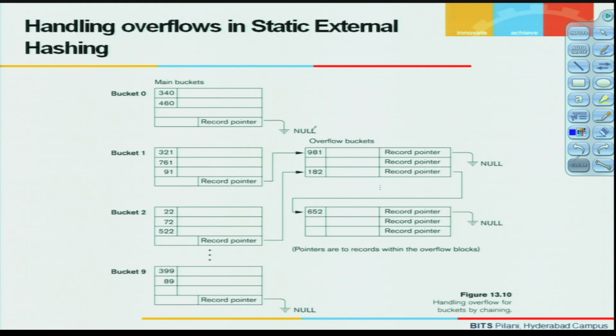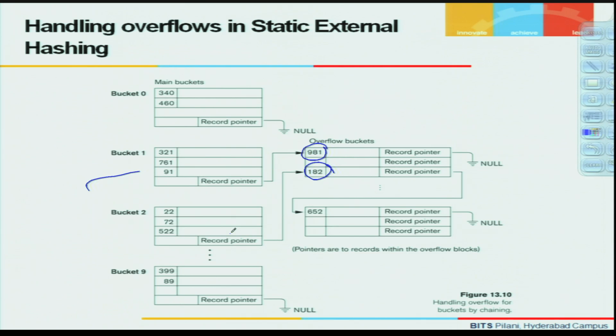You see here, this is the record which is the result of overflow in bucket 1, and 182 is the record overflowing from bucket number 2. Hence the same overflow bucket can accommodate overflowing records from different original buckets.